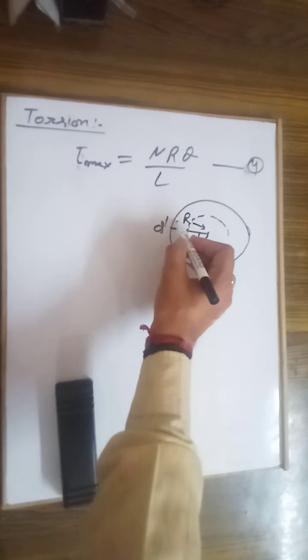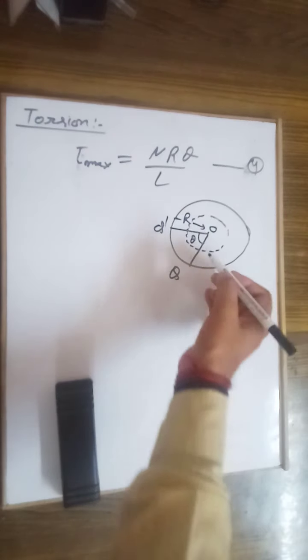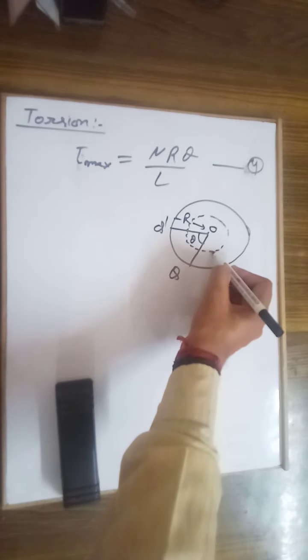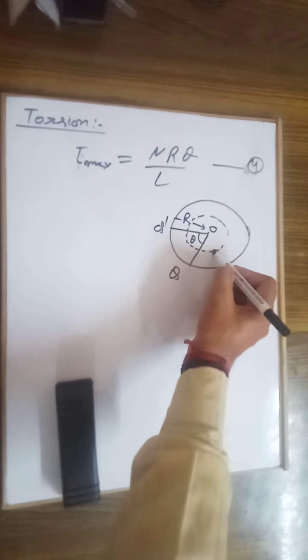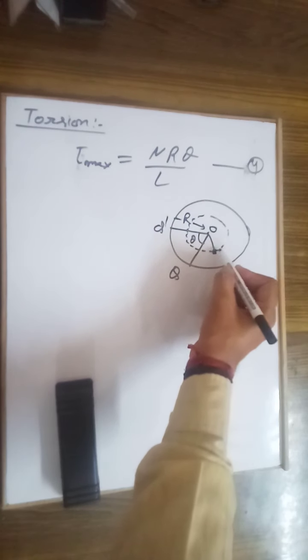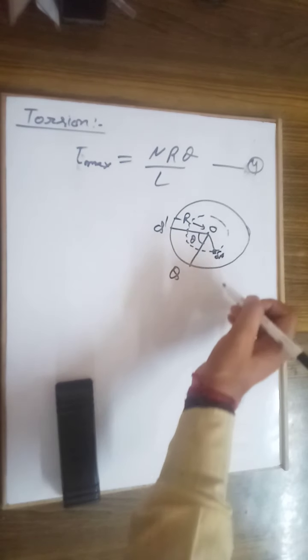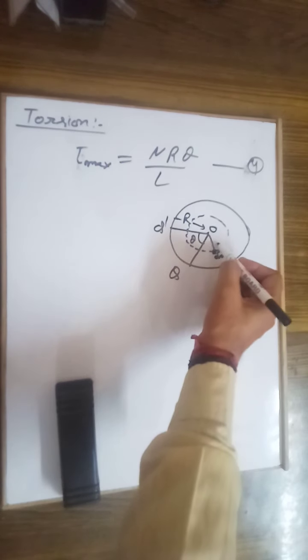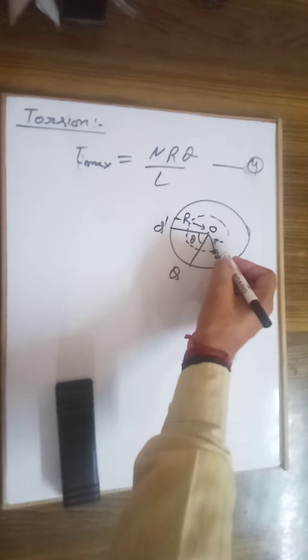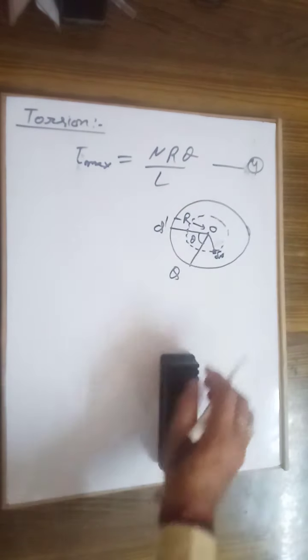If r is the radius from the central point O, and we consider a small part here, we can say its area is del A, and it is at a distance small r.